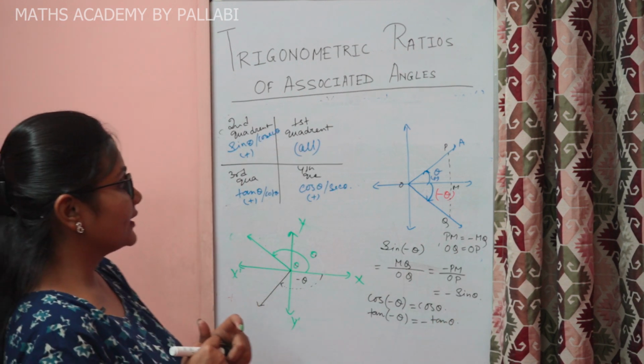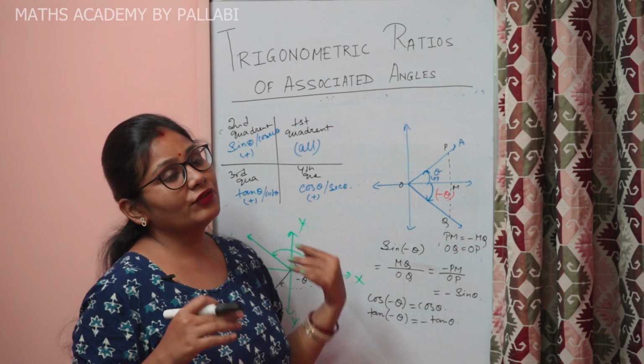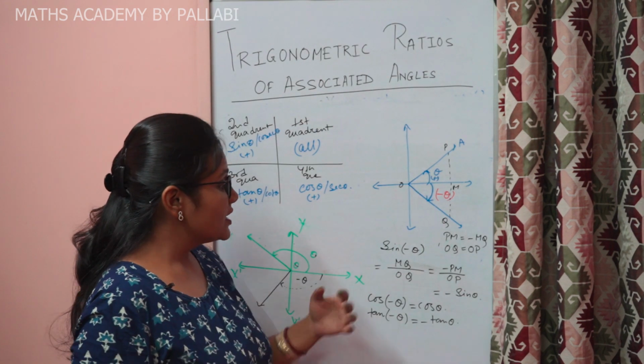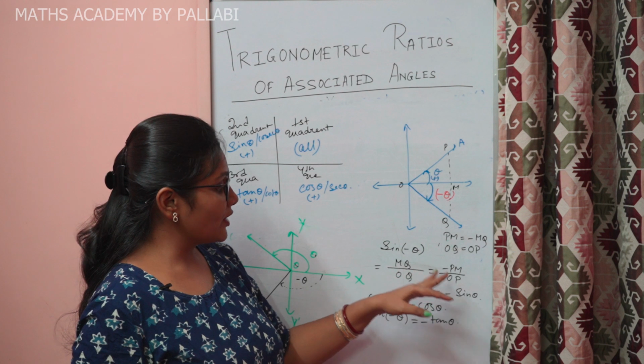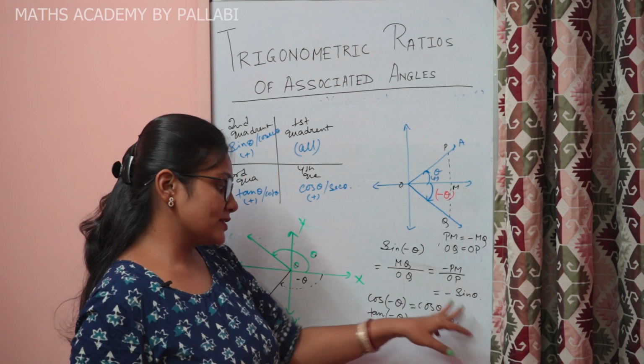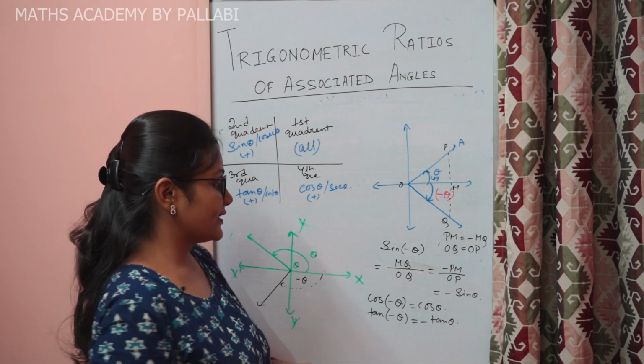It means if we take the negative of the same value of theta, then sine minus theta will be minus sine theta, cos minus theta will be the same as cos theta, and tan minus theta will be minus tan theta.